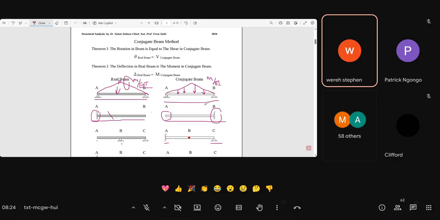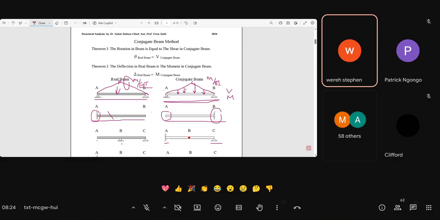Once you have done that, now we have a loading on AB, a triangular load. Let me say this is point C and this is B. So this is a triangular load on the conjugate beam, and it is going to impose two things. We are going to have the shear force V, and we're also going to have a moment on the conjugate beam.